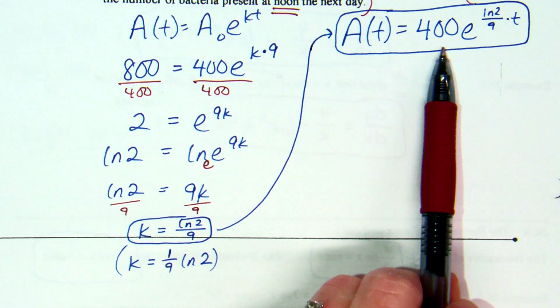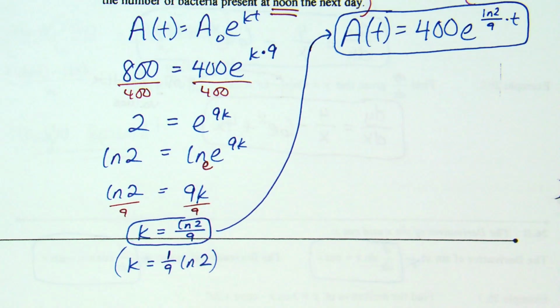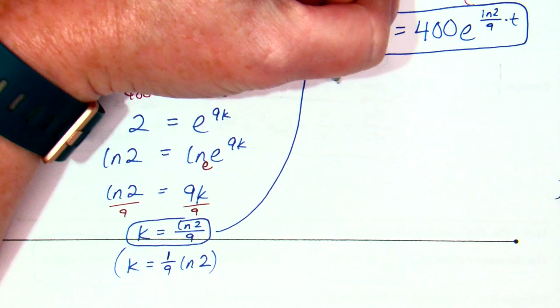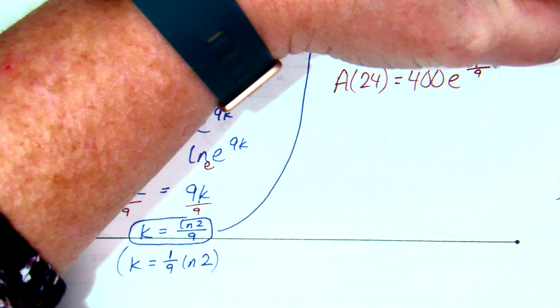Our initial value here was 400, and that was at noon. Now we're doing noon the next day, which is a total of 24 hours. And my t has all been in terms of hours, right? We couldn't switch back and forth, hours one time, minutes the next. We have to be consistent. So we are finding A of 24. So, 400 e to the natural log of 2 divided by 9 times 24.